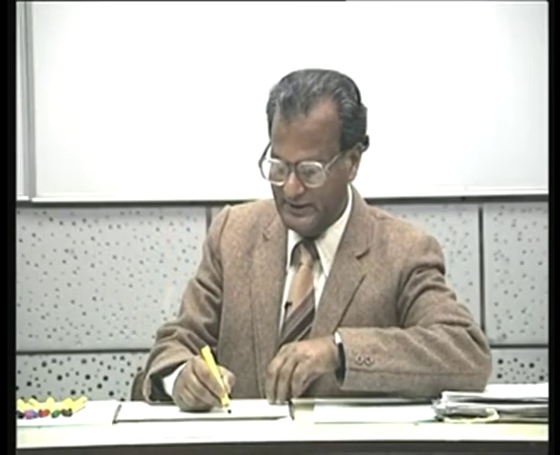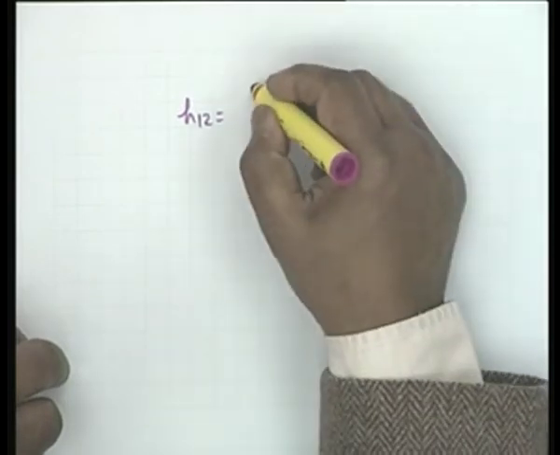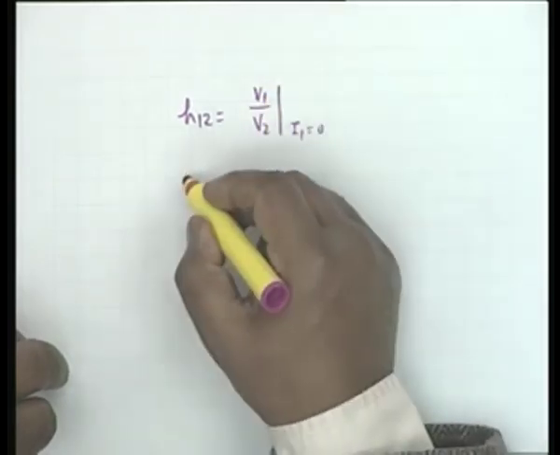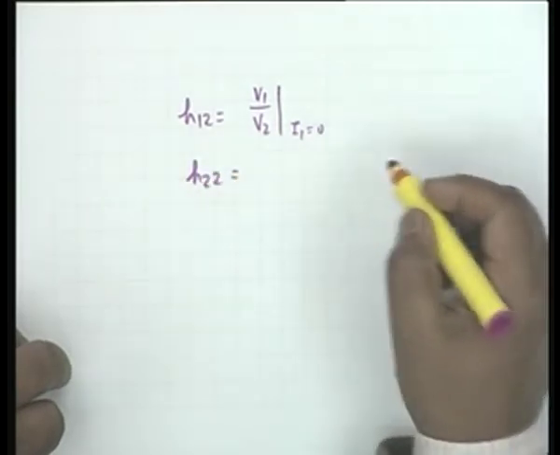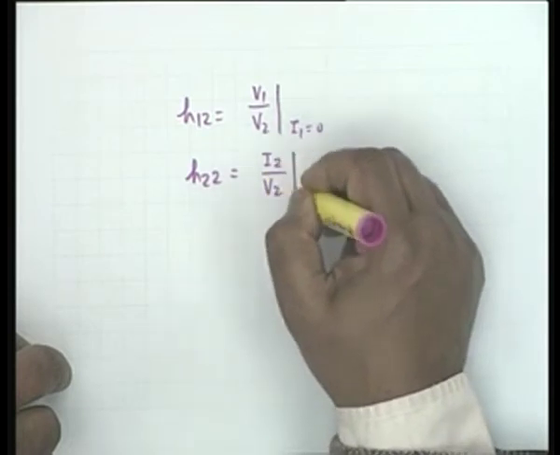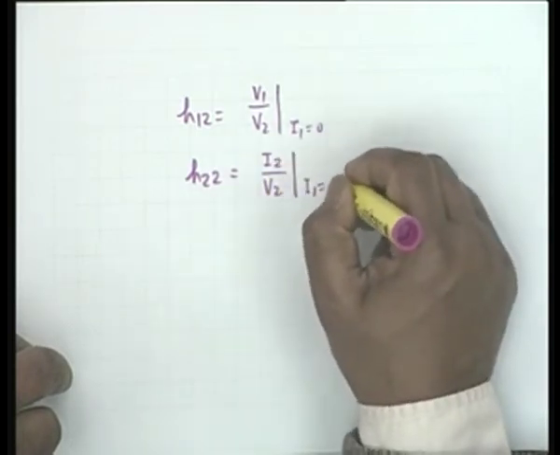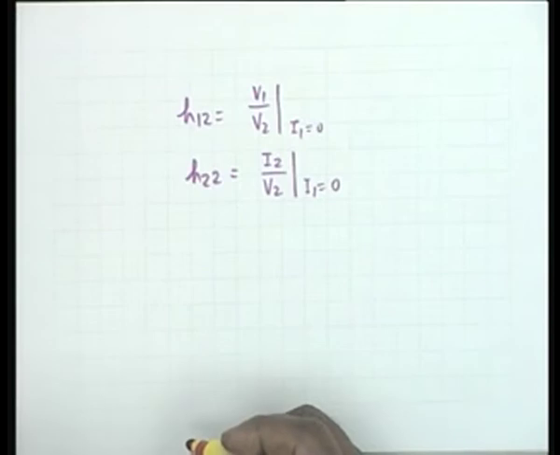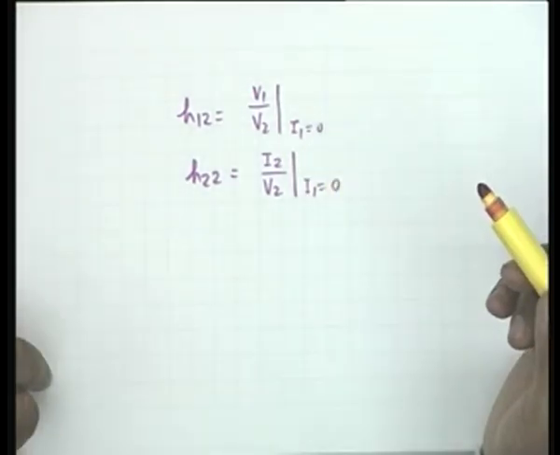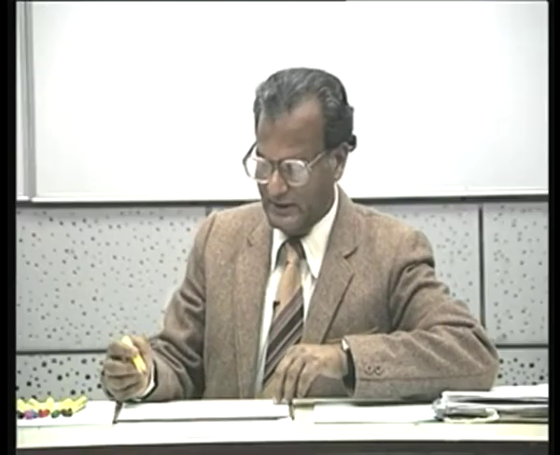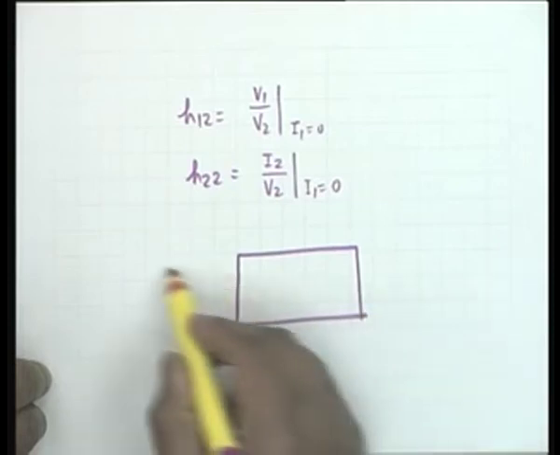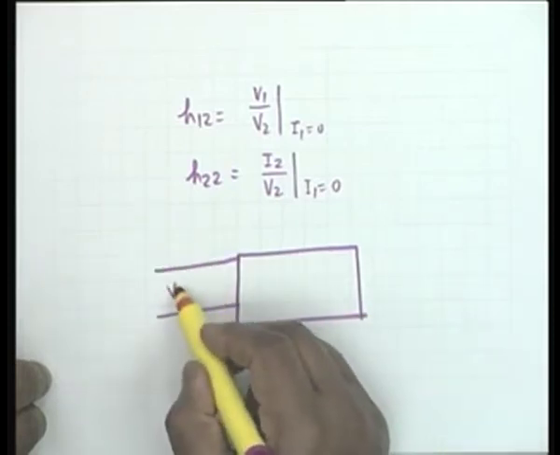Now, let us look at the other 2 parameters, namely H12 equal to V1 by V2 with I1 equal to 0, and H22, which is I2 by V2 with I1 equal to 0. I1 equal to 0 means open circuit at port number 1. So, let us draw the block. Port number 1 is open circuit, and therefore no current.